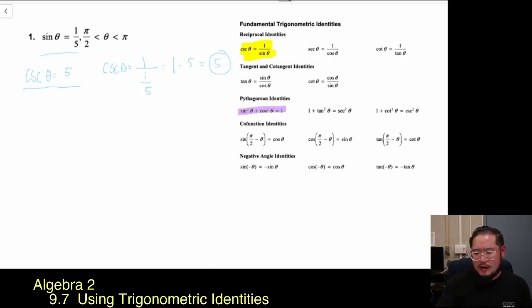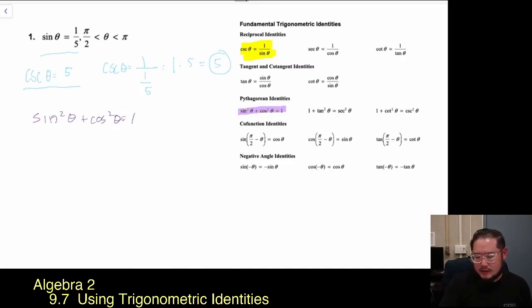So next up, what I'm going to do is take our Pythagorean identity. I've got sine squared theta plus cosine squared theta is equal to 1. And remember, one of the things I said that we could do is take these equations and plug in what we know and then be able to solve for one of the other trig identities.